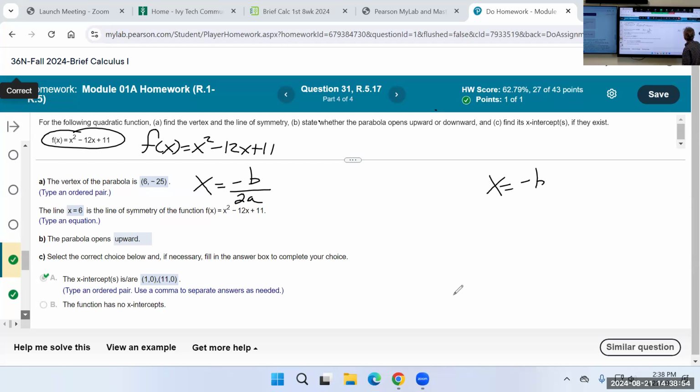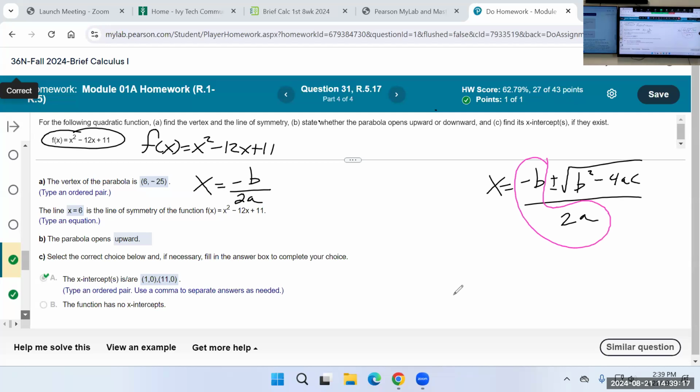You've probably been tested over this many times. The quadratic formula, you saw that a lot in high school, I would imagine. It's just this bottom part here.